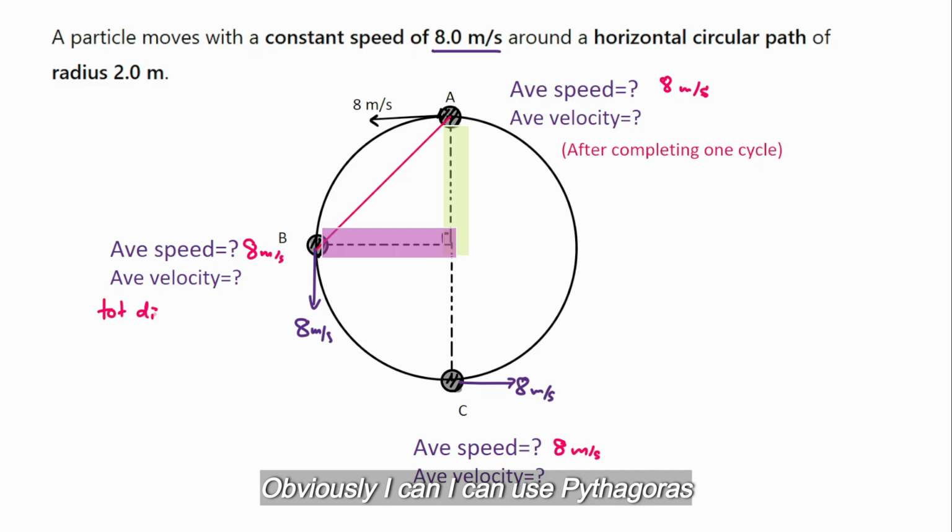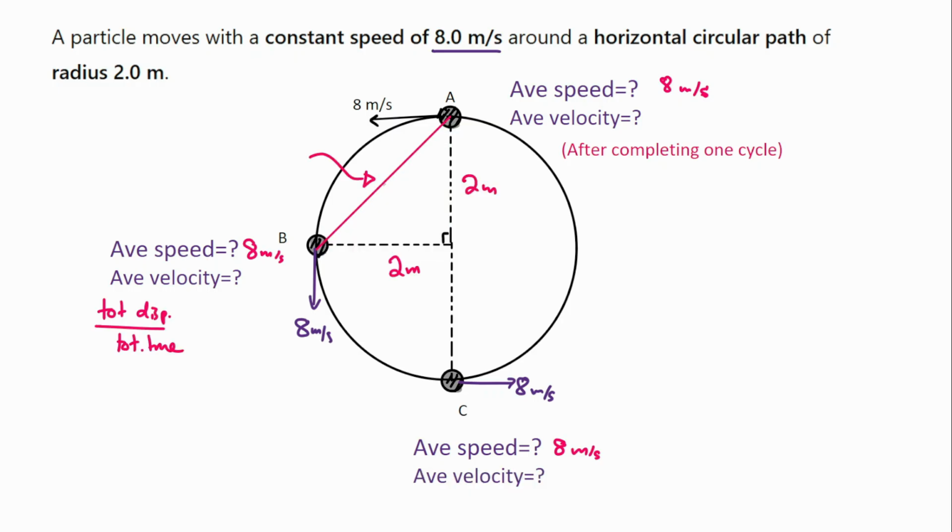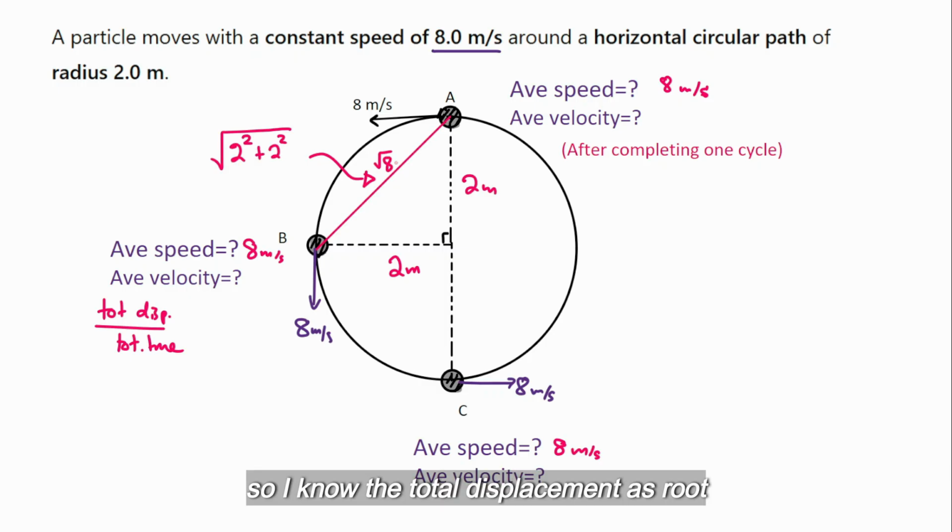Obviously, I can use Pythagoras theorem to work out this one, which is 2 squared plus 2 squared, square root, which is root 8 meters. So I know the total displacement is root 8. But what about the total time?